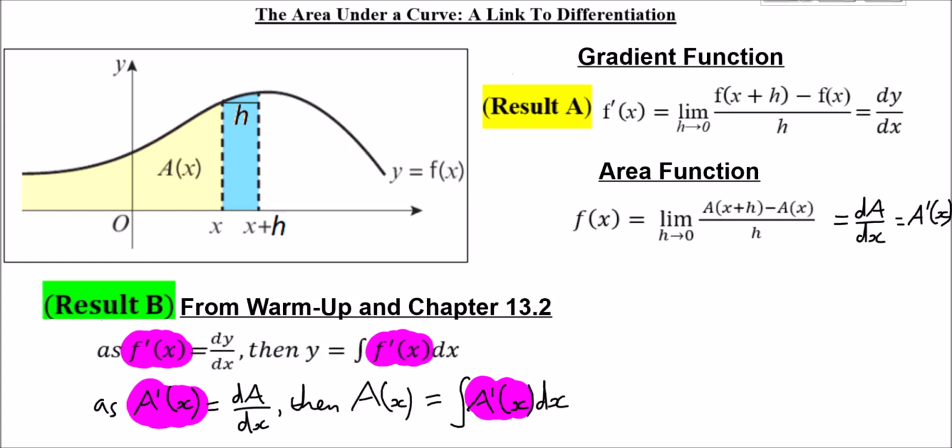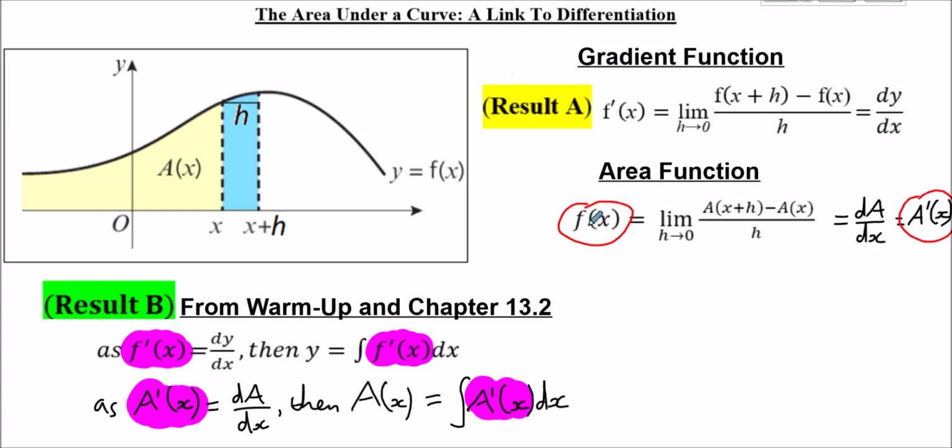However, we can go one step further here. So from this area function, we started off with f of x, linked it to this limit, which is by definition dA by dx, which is A dashed of x.